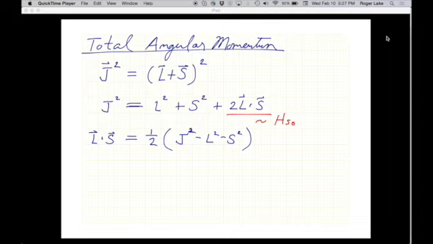This is what we're going to figure out how to take the matrix elements of.